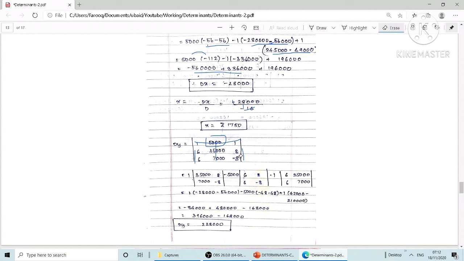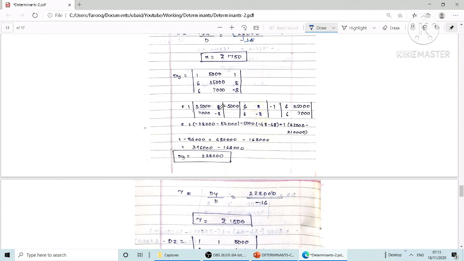Then again copy this one as it is down. Hide first column and third row. What is left? 6 and 6 is left, 35,000 and 7,000 is left. Then we will do cross multiplication. 35,000 into minus 8, minus 28,000. 7,000 into 8, 56,000.